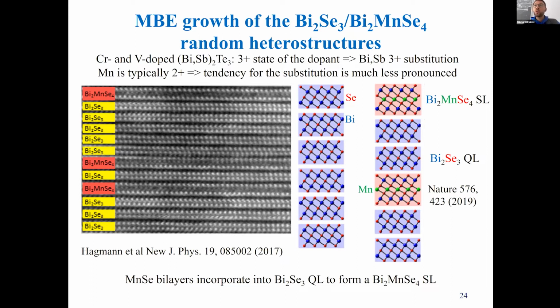I have no clear answer to that right now, but that is very interesting to be studied for sure. It doesn't really matter with one septuple layer, because it is not topological. It is trivial.